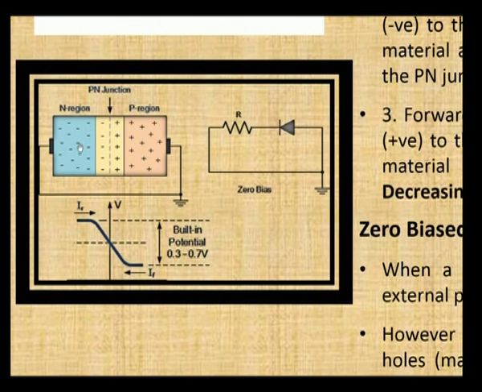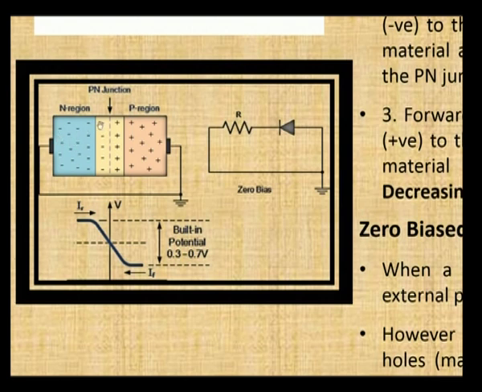These we call minority carriers in the n region, because the electrons are the majority carriers. So, in the n region the minority carriers will move from the n region to the p region. In a similar way, some of the holes in the p region will move from the p region to the n region.